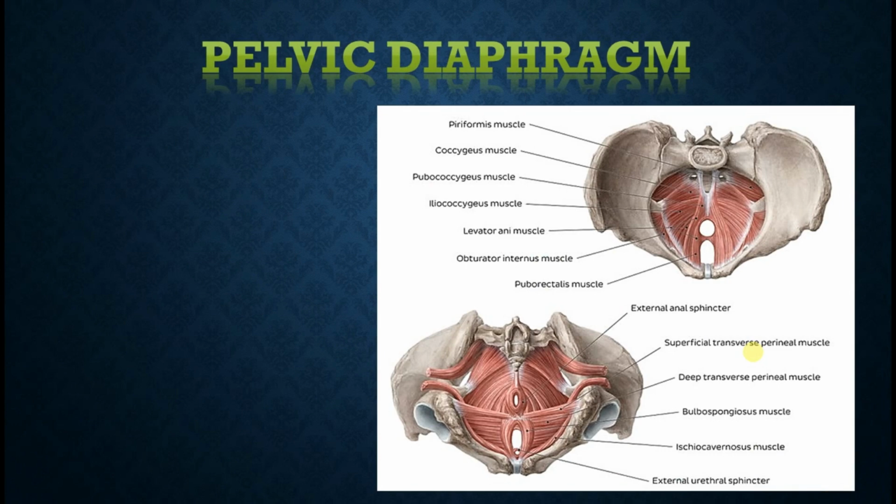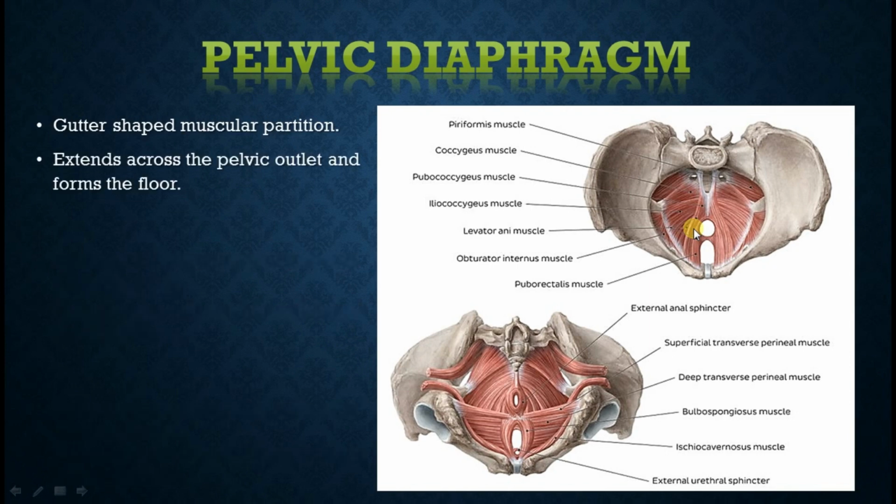So we have seen the sacrum in short. Now we will move on to the pelvic diaphragm. The term pelvis itself means basin, because below it is closed by muscles. A gutter-shaped muscular partition extends across the outlet, closes the outlet and forms the floor of the pelvis.